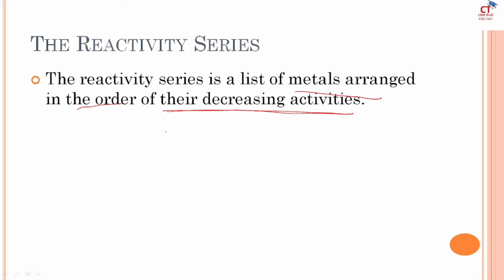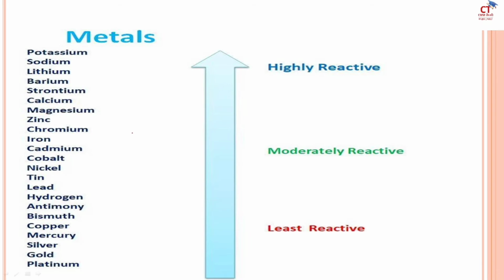Okay, now let's see what this series is. From the top to bottom, the highly reactive metals are placed on the top and the less reactive ones are placed at the bottom. So we see potassium is the most highly reactive metal, followed by sodium, lithium, barium, strontium, calcium, magnesium, zinc, chromium, iron.